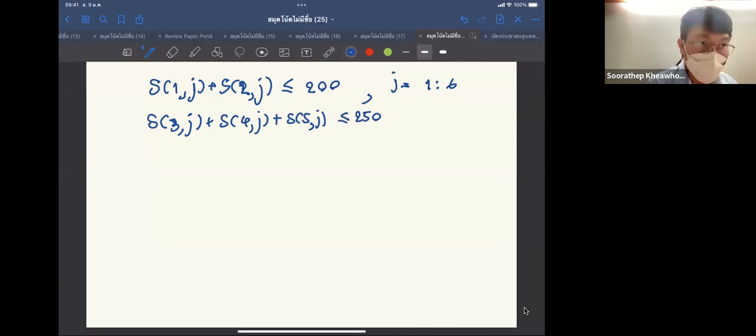In the example, of course, I write in short, but when you do the exam, please write clearly.